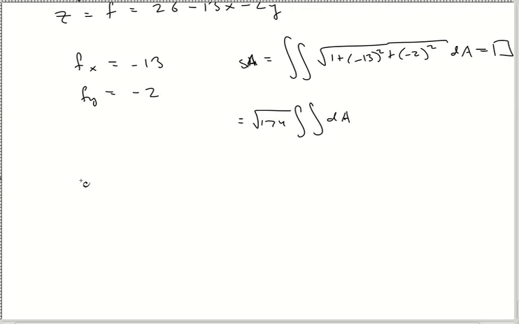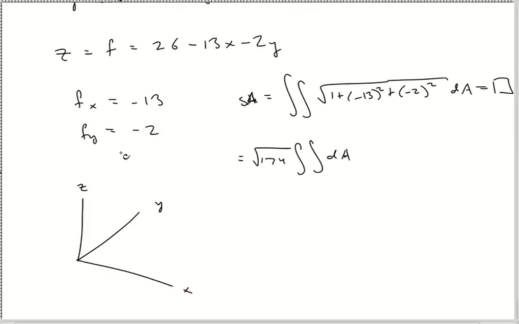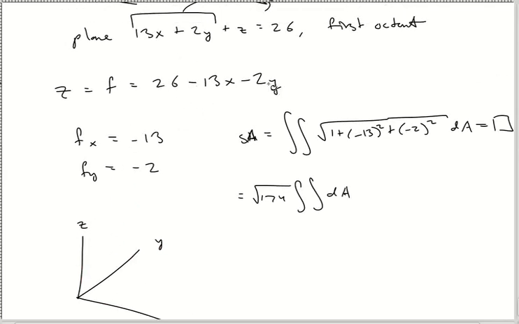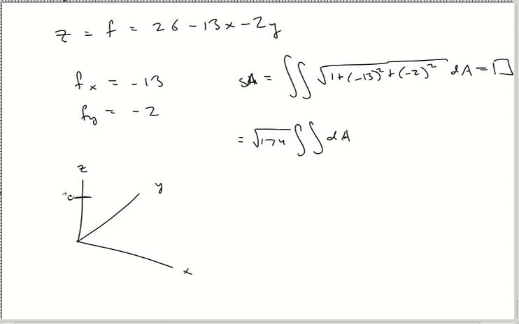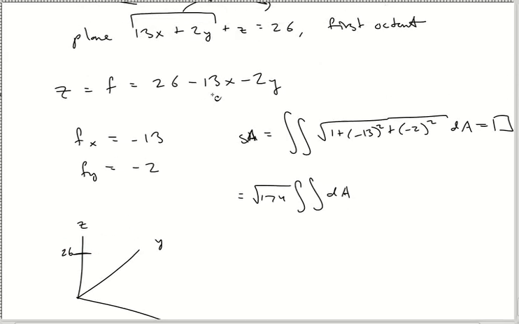So what does this thing even look like? In xyz, we have a plane here. If you set x and y equal to 0, you get z equal to 26. So 26 is up here. If you set x and z equal to 0, you'll find y is equal to 13, which is about right there.